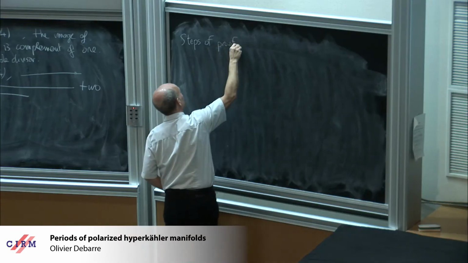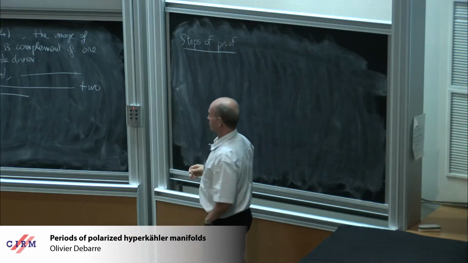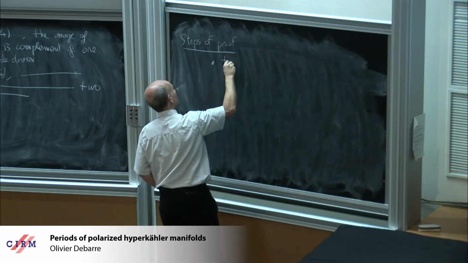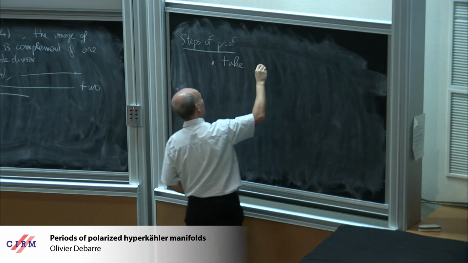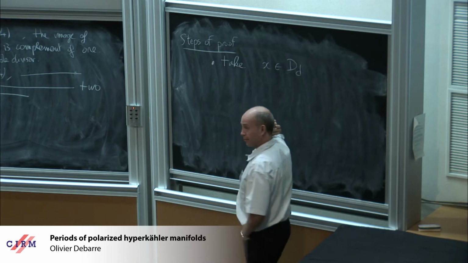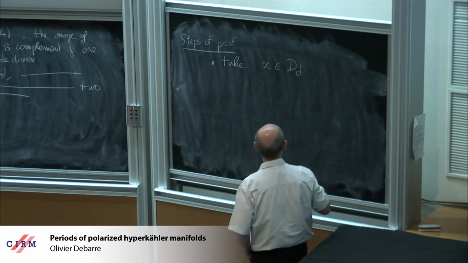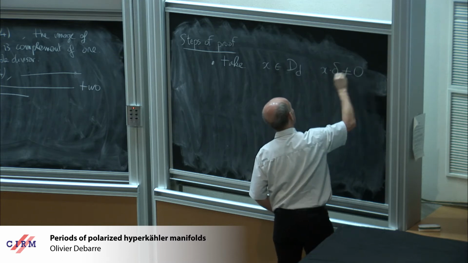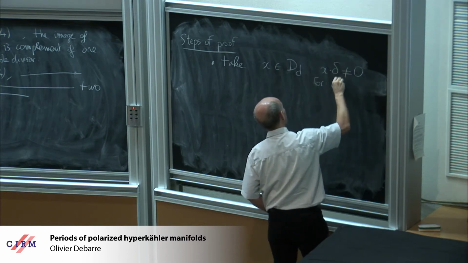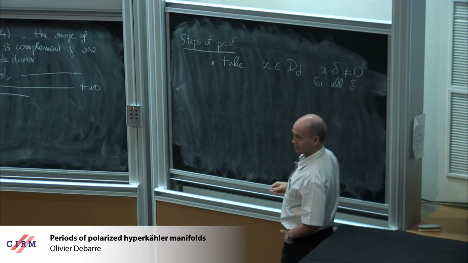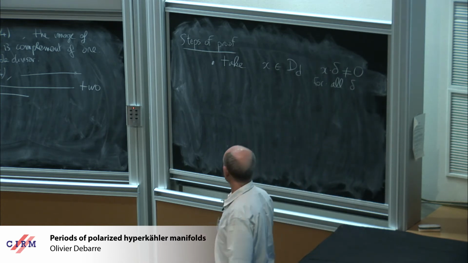So this is very classical. So let's take X, a point in the period domain, outside of this countable union of hyperplanes, which means that its intersection with any root is non-zero.